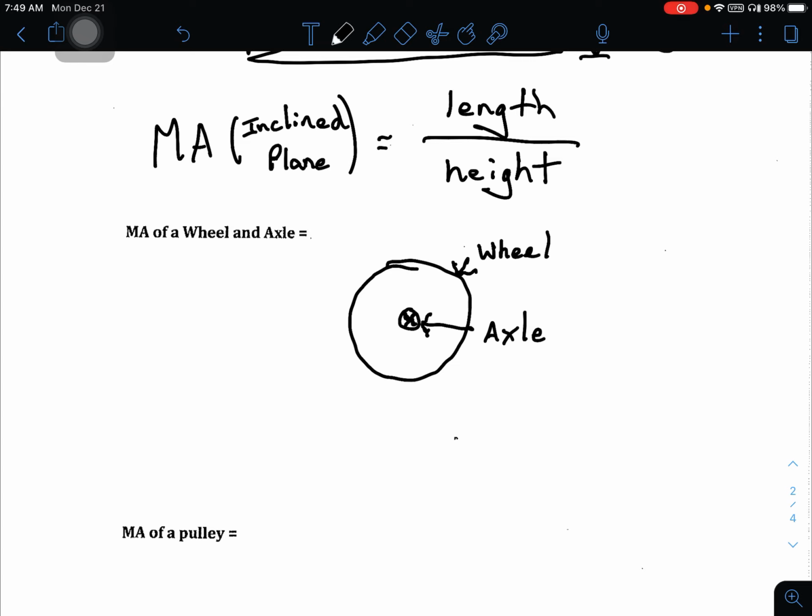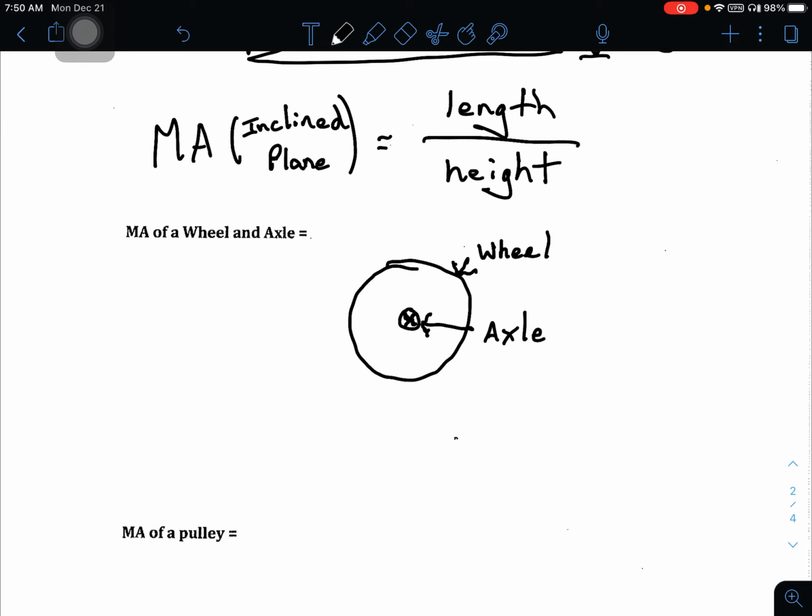But because the screwdriver has the fat handle on it, when you put your hand on it and turn it, that wheel and axle system gives you a mechanical advantage. Okay, and the bigger I make the wheel compared to the size of the axle, the more of the mechanical advantage that I have. Okay, bigger wheels, smaller axles.